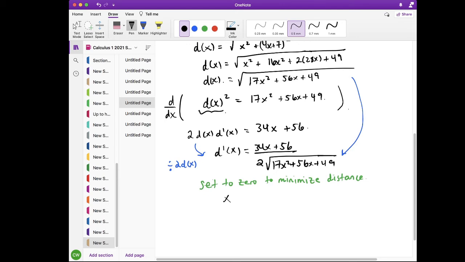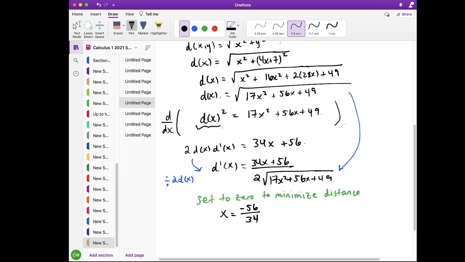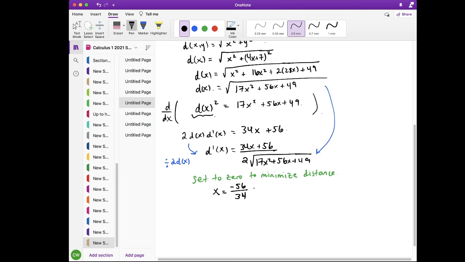X equals negative 56 over 34. Thank you. Negative 28 over 17.